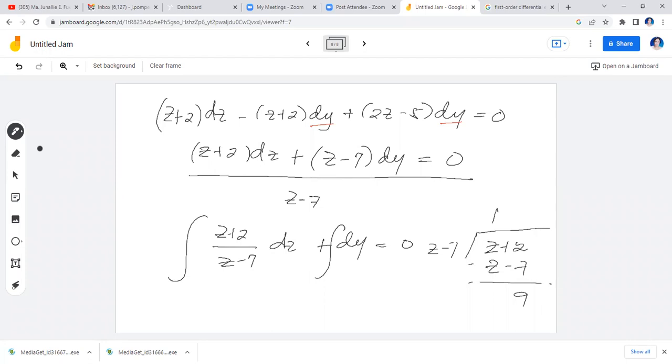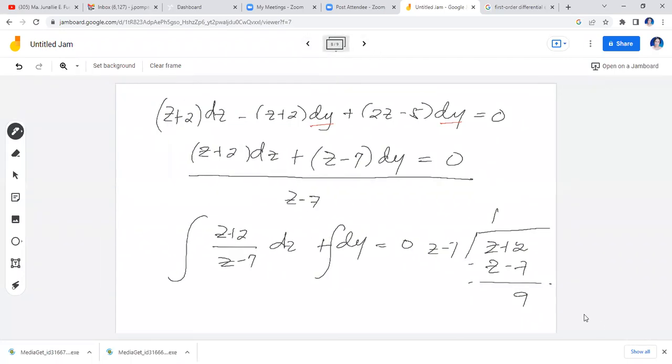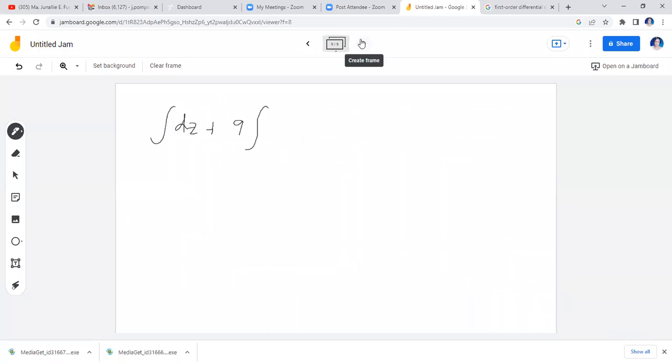So this is your remainder. You have a dz for your first term, and for your second term, you have the 9 as remainder, plus 9 over z minus 7 as the denominator. So this is dz minus 9 over z minus 7, and you have dy.